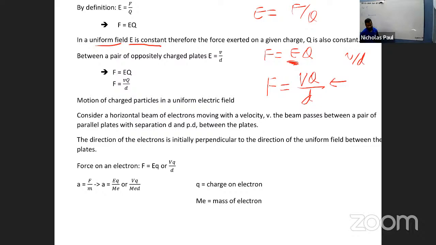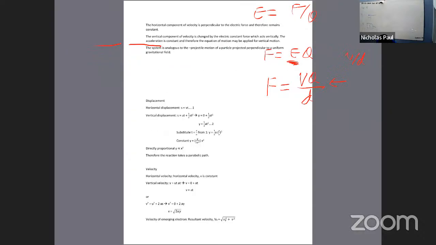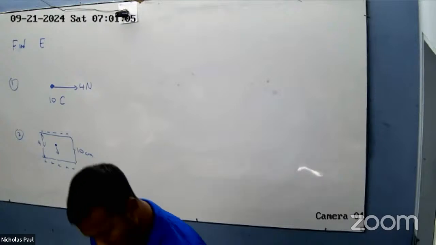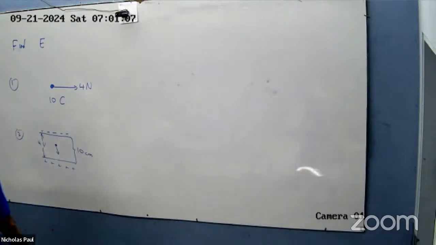Do me a favor. I want you to find the electric field strength here. Find the electric field strength in each case.